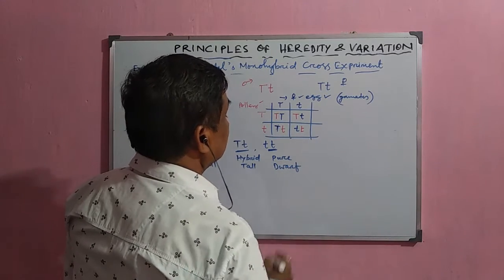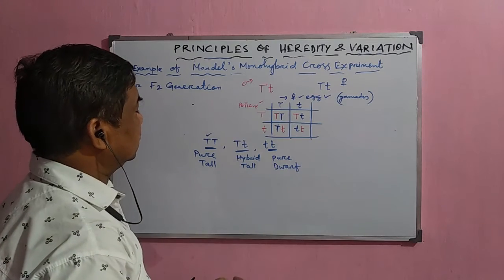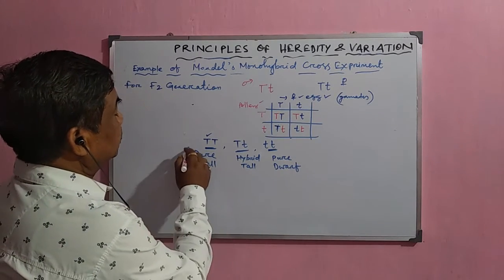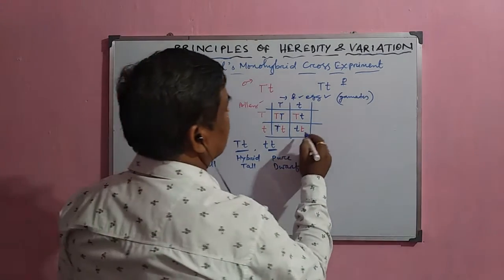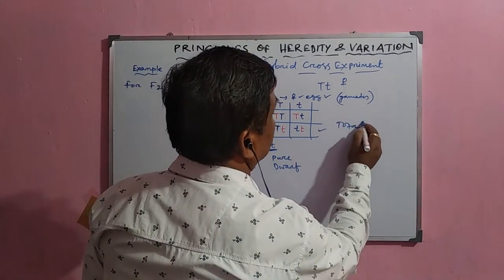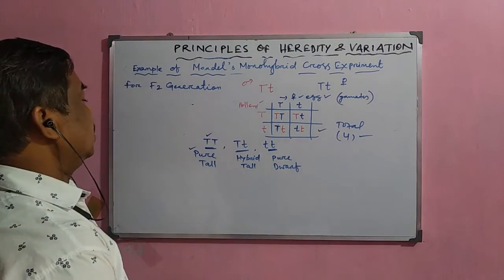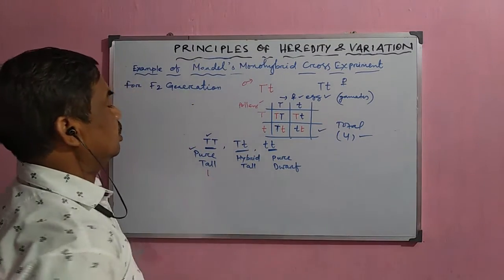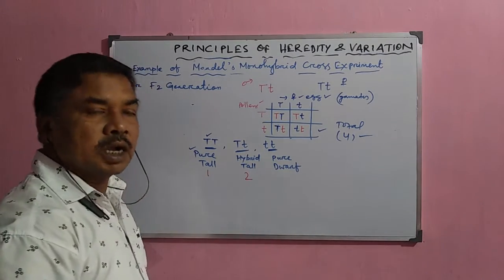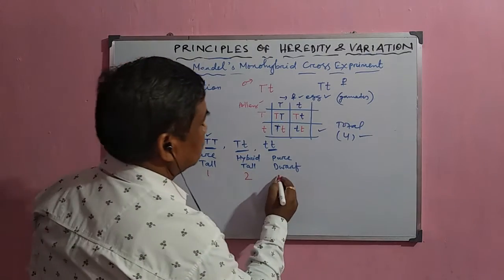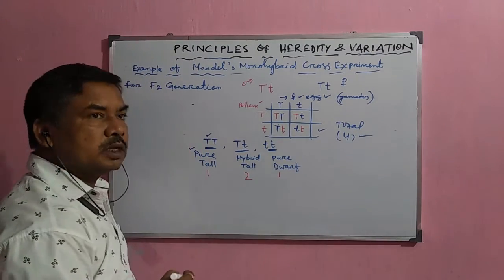So there are 4 combinations in total. Out of these, only 1 is pure tall, 2 are hybrid tall, and 1 is pure dwarf. So this is called the genotype ratio.